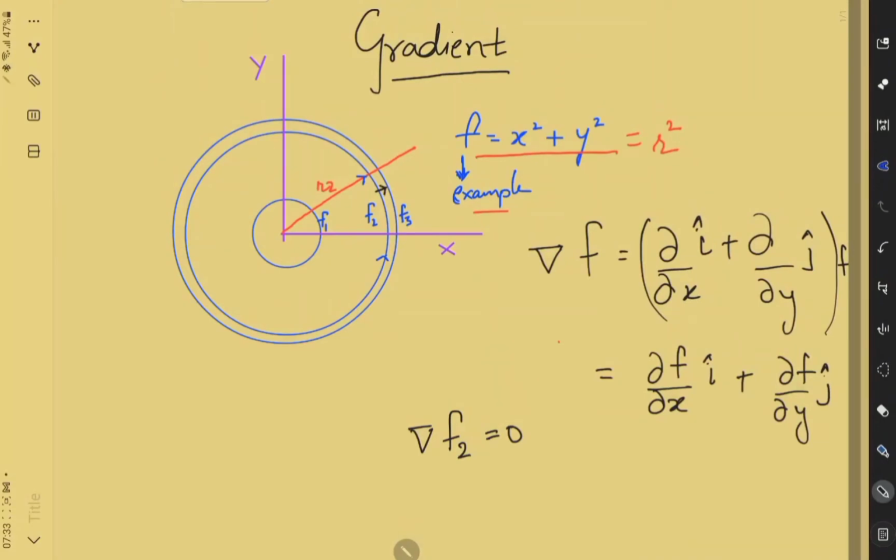So for general del f, it will not be 0, because del represents change. Here particularly it is directional change, but directional change is also a change.